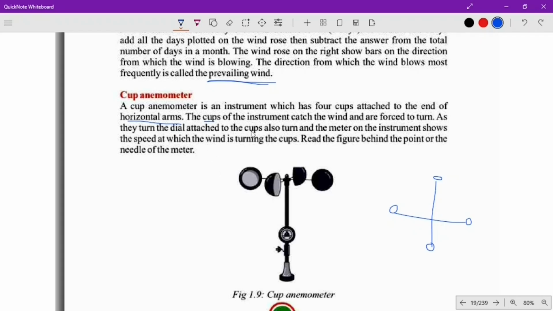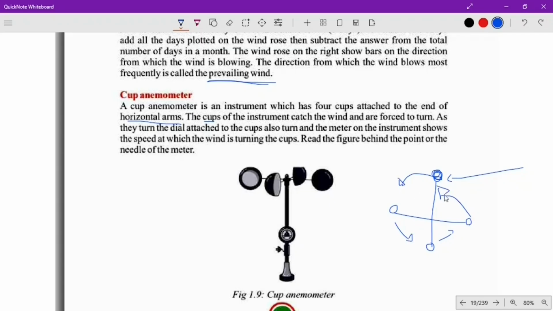These cups of the instrument catch the wind and are forced to turn. So as the wind is blowing from this direction, it will come and fill this cup. When this cup is filled, it is forced to turn and rotate. This one also comes, is filled, and is forced to rotate. Now it will continue rotating until it starts to spin very fast.